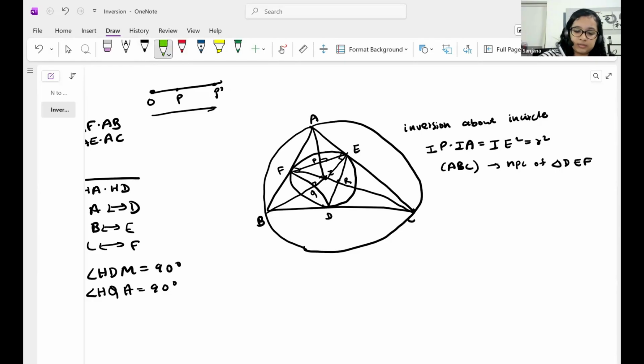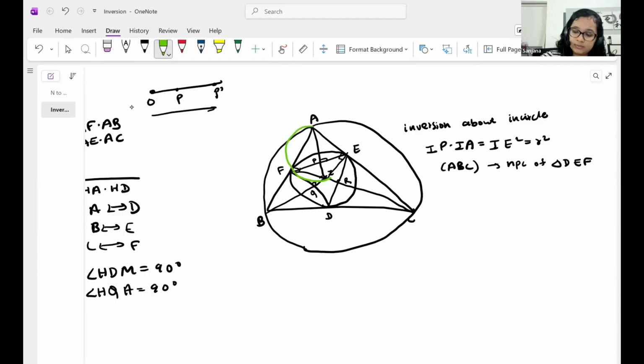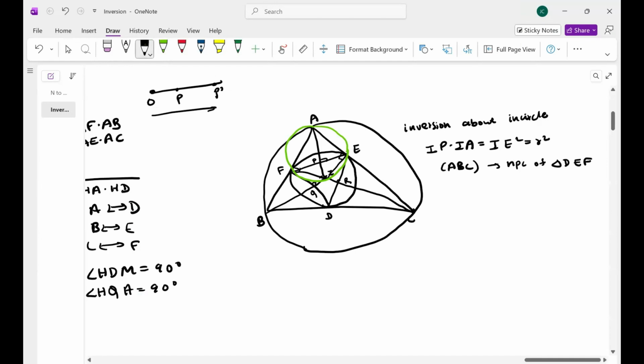So now if we take this circle passing through A, F, I, E, we know that it must go to line FE, right? Just by the first thing we proved.